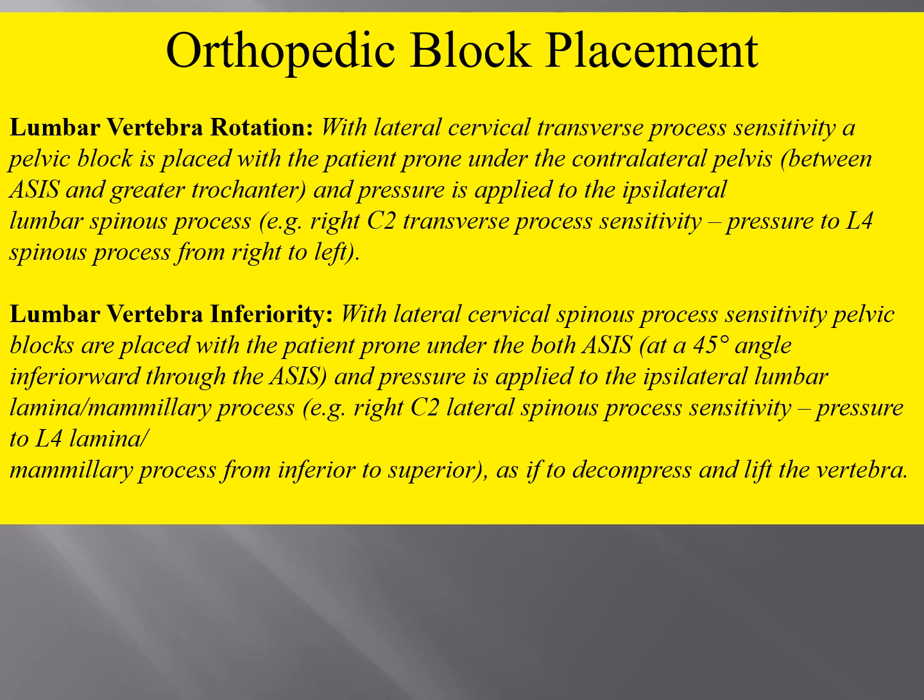The spinous has gone to the side of the painful transverse, or LPJ, as I mentioned earlier. You put a block underneath the opposite side of the pelvis. This writer, Dr. Blum, puts it between the ASIS and the greater trochanter. In other words, he jacks up the other side of the pelvis on the prone patient.